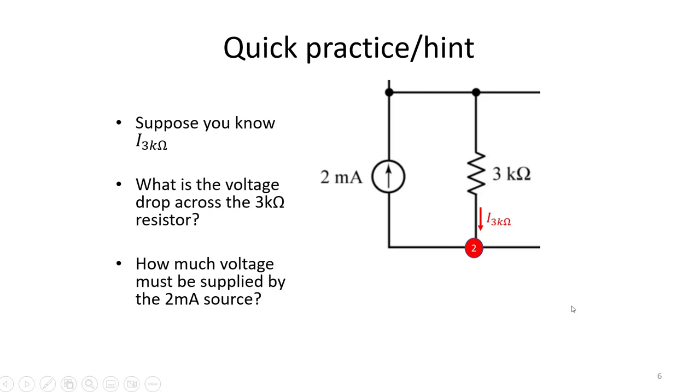Let's briefly do a quick practice here, and this practice might be similar to something you may see on homework problems. So this practice is asking us, what is the voltage drop across our 3 kilo ohm resistor? And how much voltage must be supplied by the 2 milliamp source.